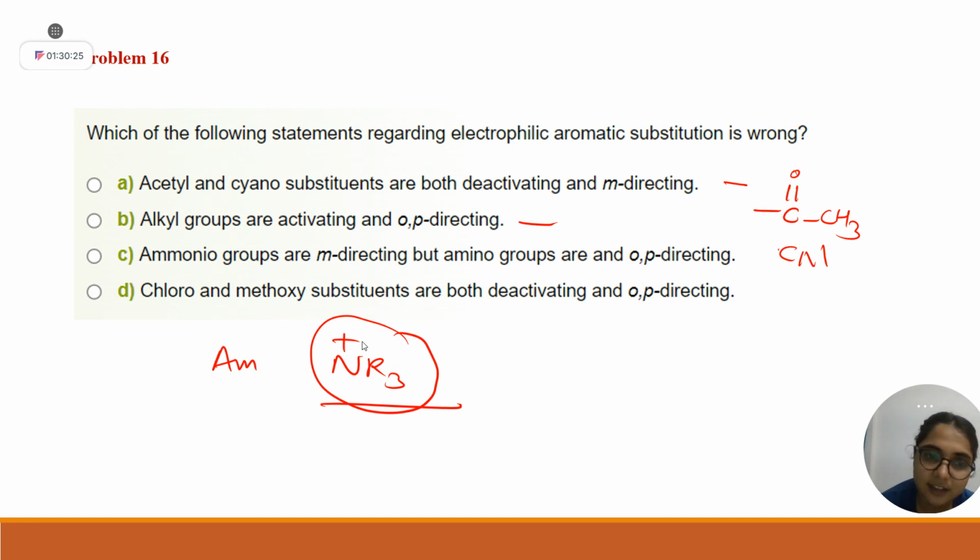Correct, madam. Then in the fourth statement, what is wrong? Methoxy is not deactivating. Very good, I was expecting this answer only. So the correct answer is D. Understood? Yes, ma'am. Okay, very good.